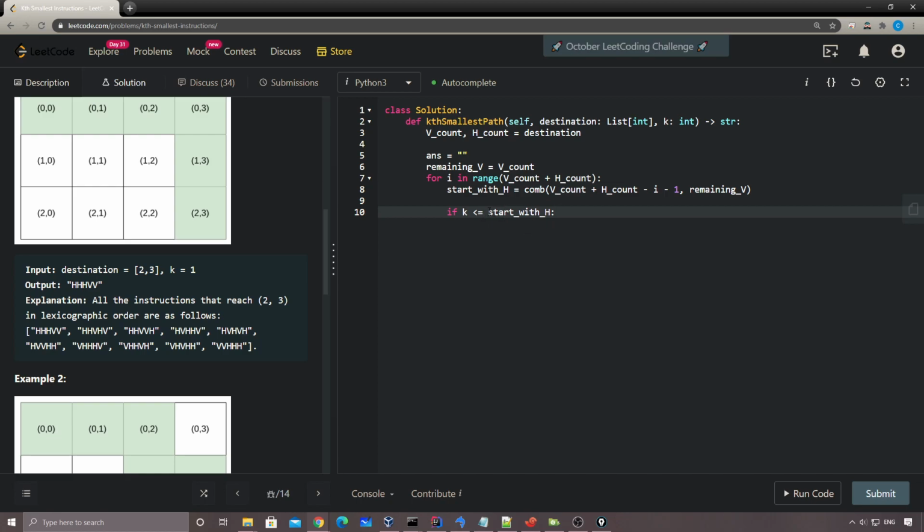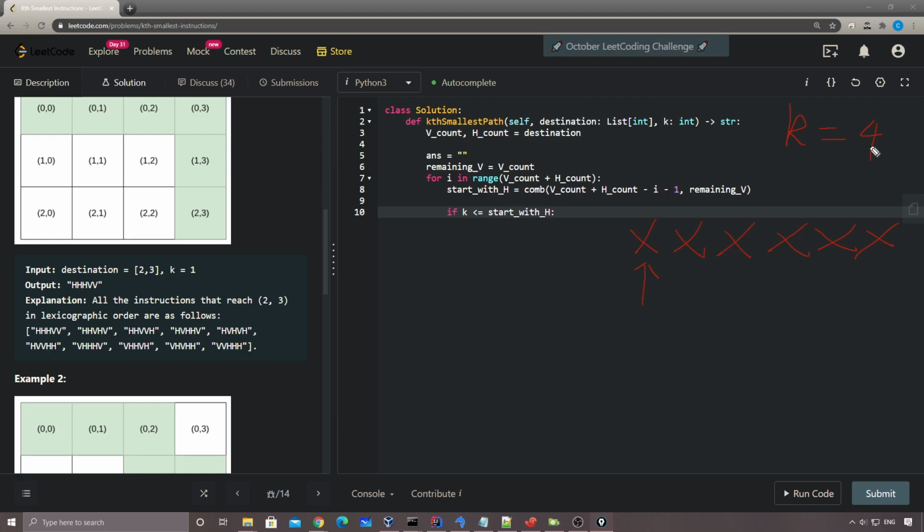It means that we have this many combinations starting with H, and even this one is greater than the remaining smallest number we're looking for. So what does this tell us? Let's say, for example, we have an x, right? And here we're deciding which instruction we need to put here. Let's say at this moment K is equal to 4.